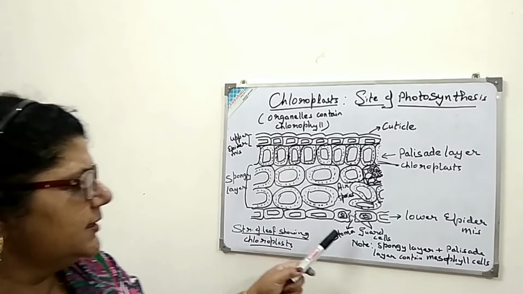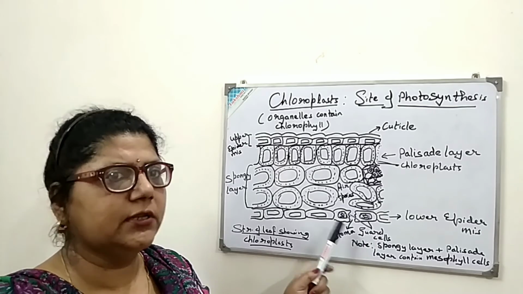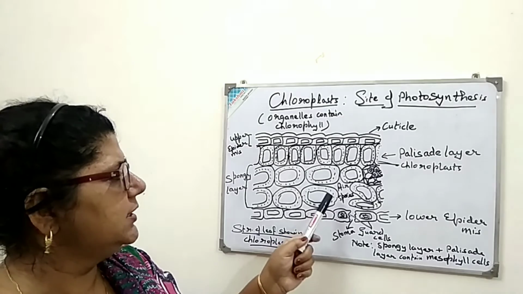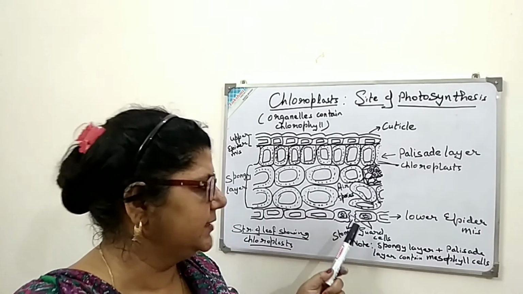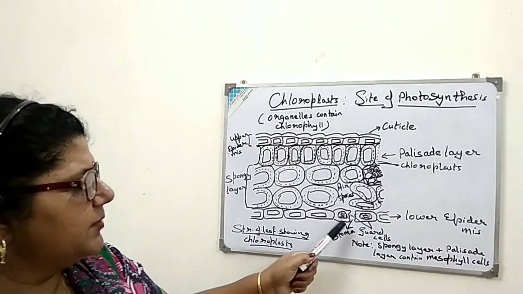And the lower layer is having the stoma and the guard cells present over there, from where the photosynthesis takes place. And in between these spongy layers, in between these cells, the air spaces are also present.